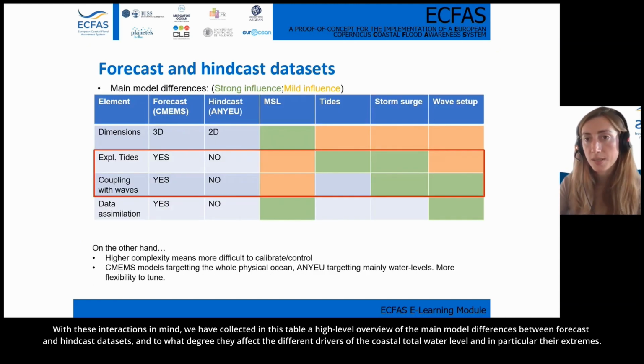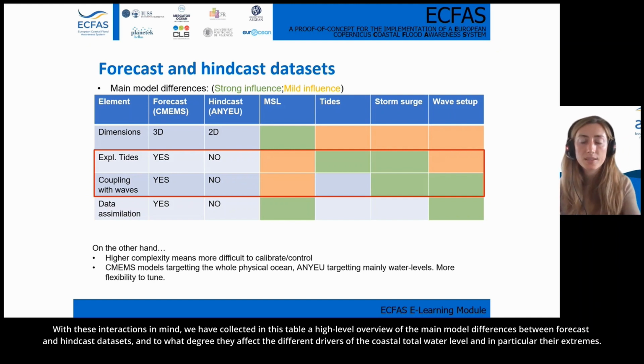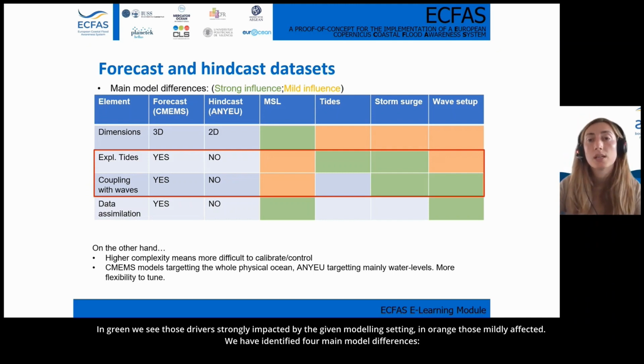With these interactions in mind, we have collected in this table a high-level overview of the main model differences between forecast and hindcast datasets, and to what degree they affect the different drivers of the coastal total water level, and in particular, their extremes. In green, we see those drivers or components strongly impacted by the given modeling setting.